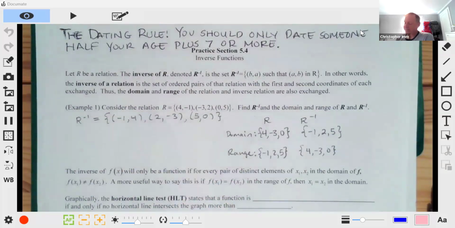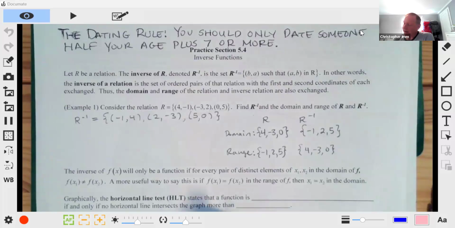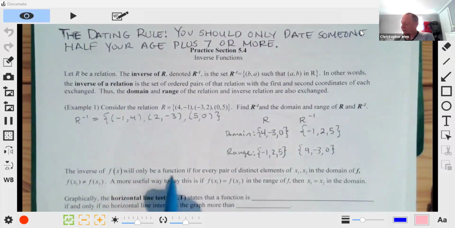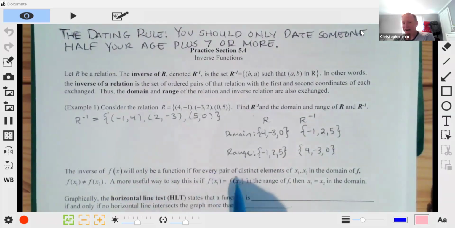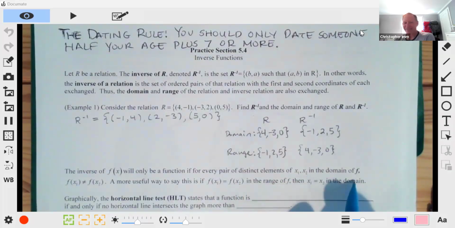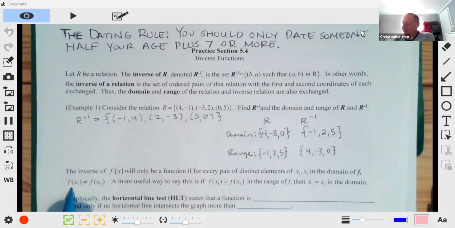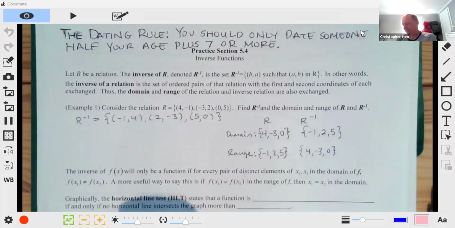Okay, so the inverse of f(x) will only be a function if for every pair of distinct elements x1 and x2 in the domain of f, their y values don't equal each other. Now, this is very mathematical. We won't be using this definition too much because we'll try to leverage the graphs.